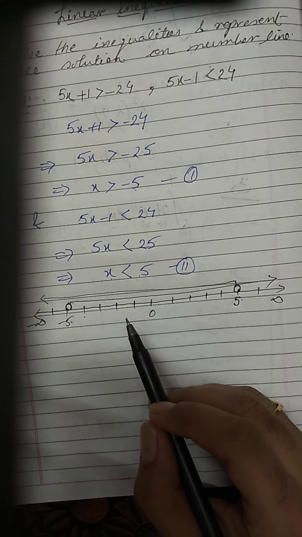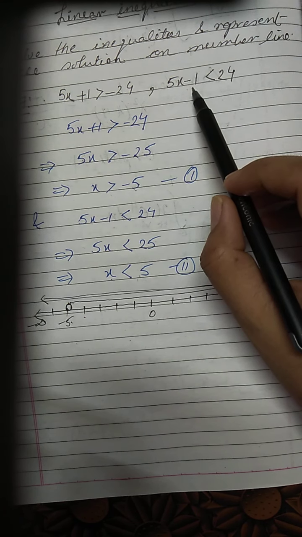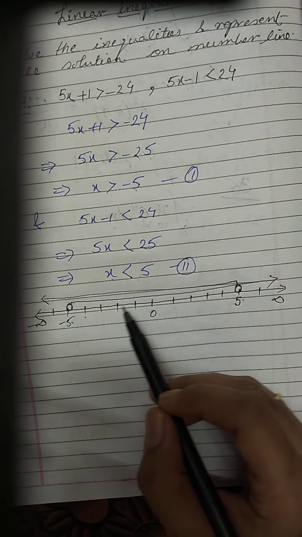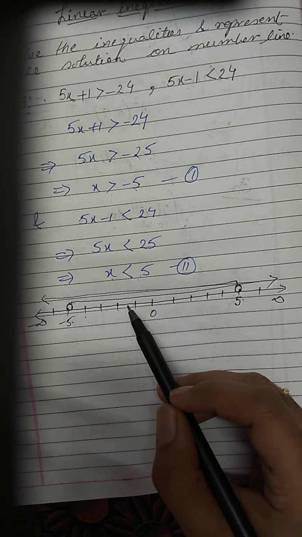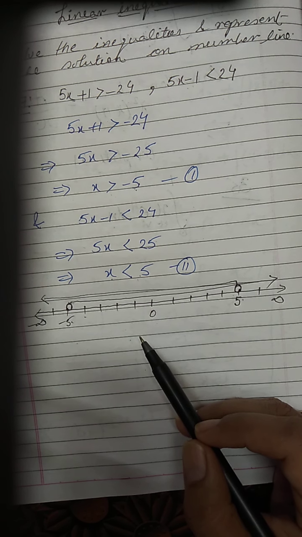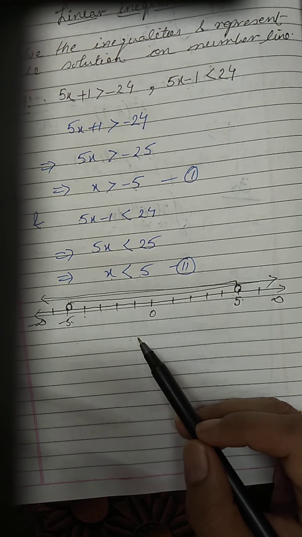The solution should be the combined solution for the system. We are given a system, so it will have the solution which is common to both the inequalities. As we did in the 6.3 exercise, where we were given a system of linear inequalities in two variables, there also we checked the region common to all the drawn lines and said that is the solution region.